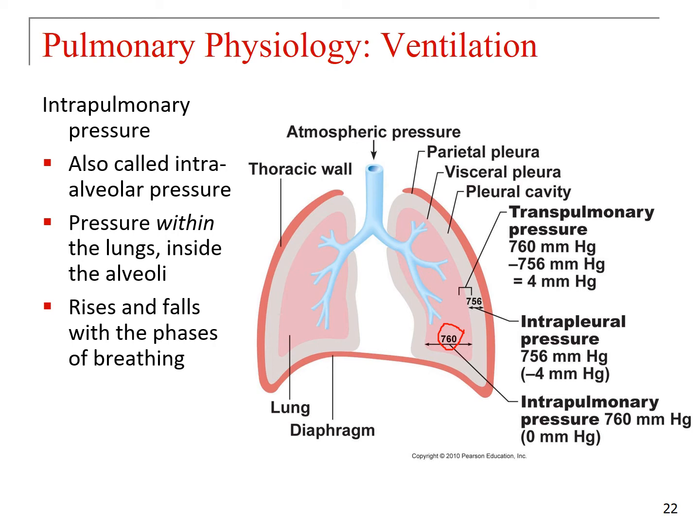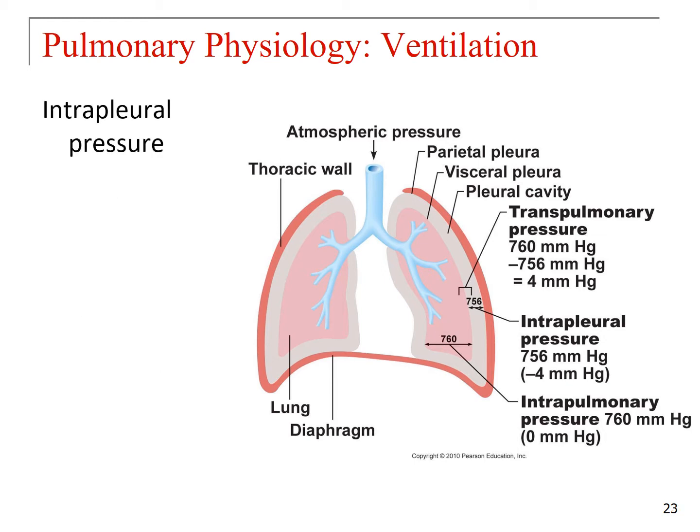Now, it's not going to remain at 760. This pressure is going to rise and fall with the phases of breathing, and we'll go into that in just a bit. But it always does equalize with atmospheric pressure. So even if you change the intrapulmonary pressure up or down, as air moves in or out in response to those changes, it's going to equalize at 760 with atmospheric pressure.